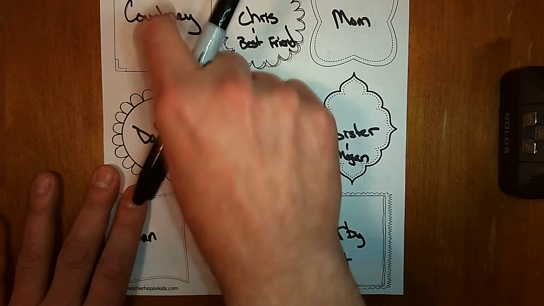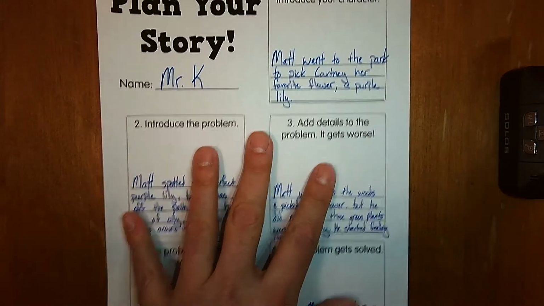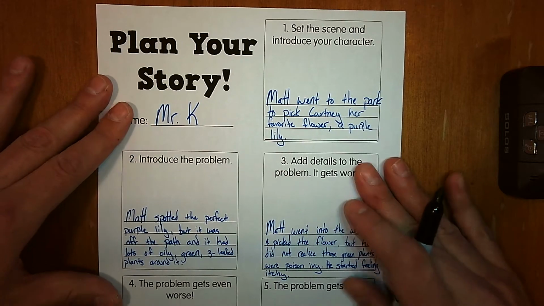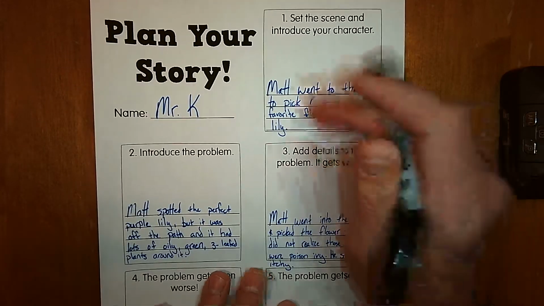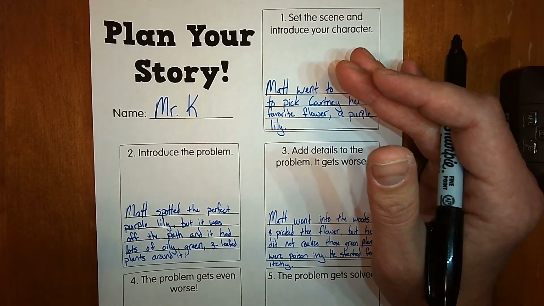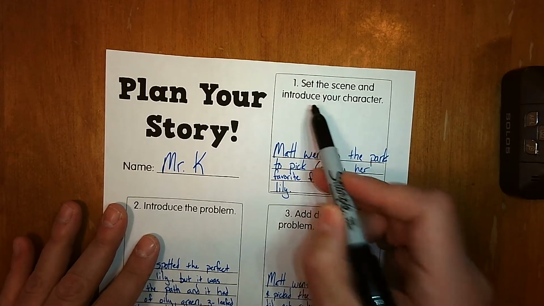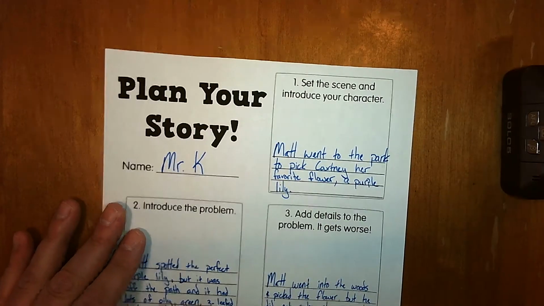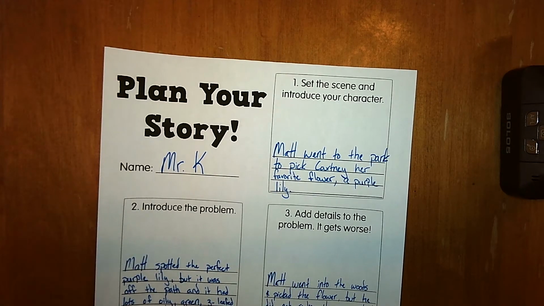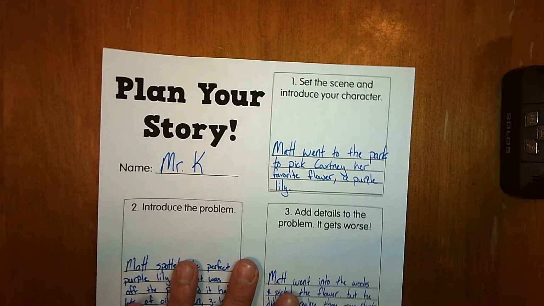So Courtney is going to be in this story. The next story I may do about Kirby or my parents. So remember, you can have other characters. You did that sheet before. So I'm going to set the scene and introduce my character. Matt's going to go to the park to pick Courtney her favorite flower, a purple lily.